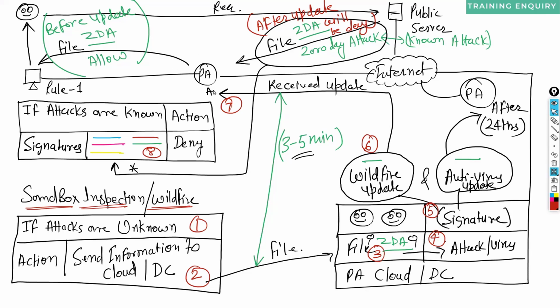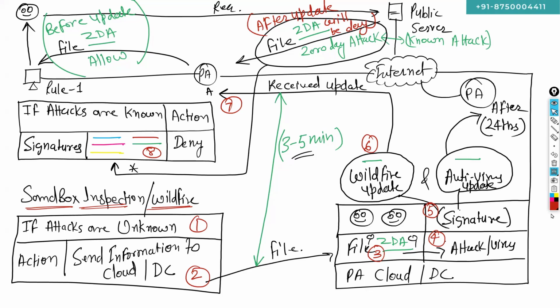For an attack detected now, you will get that attack signature or antivirus signature after how much time? 24 hours. After 24 hours, you will receive the same update. So you have to survive by yourself to protect your network because you don't have a WildFire subscription.